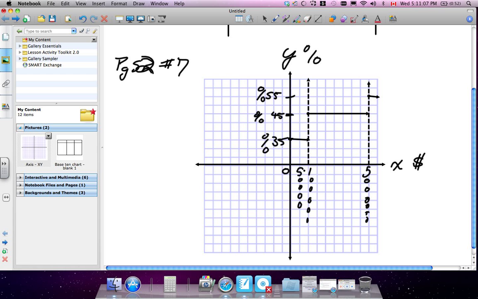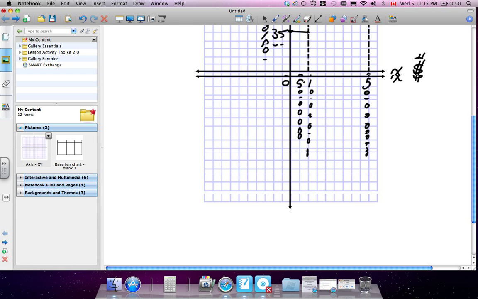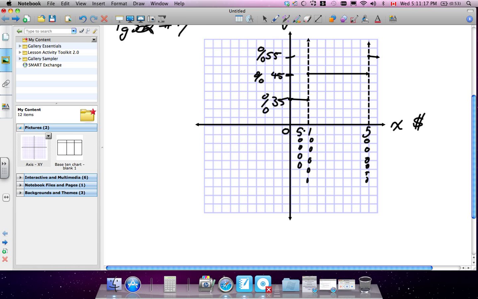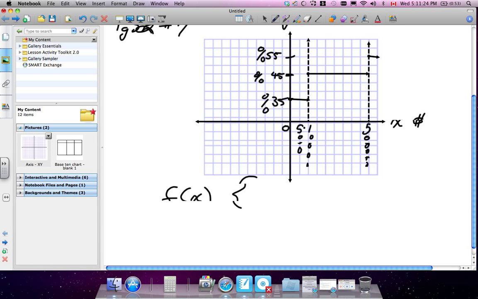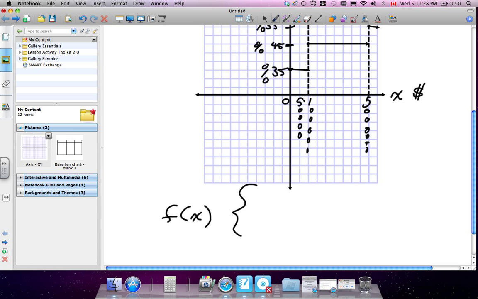Do you know what you would do in order to get this? f of x equals... So we have our f of x is equal to, what percentage is it going to be on our y to start? 35. Yeah. So we're going to be at 35, no matter what.